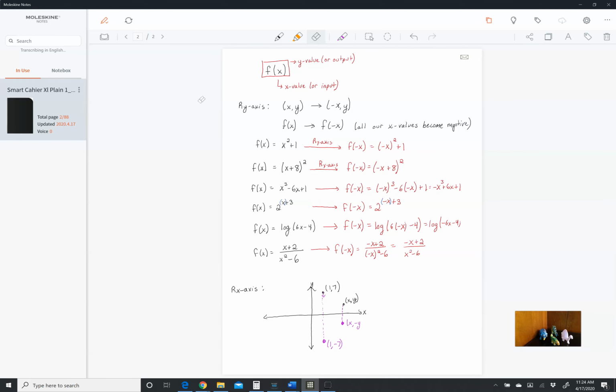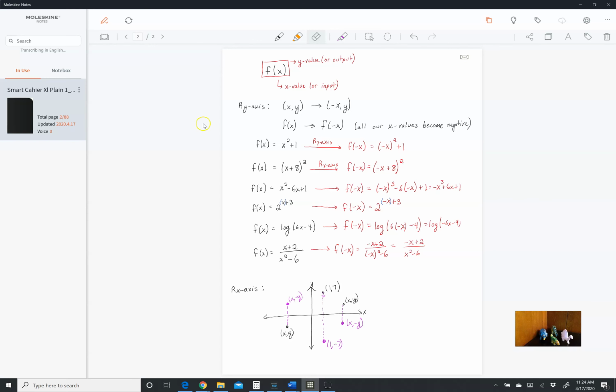X comma negative y. And then again, it doesn't matter what side of the x-axis you're on. These things always stay the same, right? If our y starts off as negative, that's okay. So we still call this point x comma y. It's just our y is negative. And if we go to the other side of the x-axis, we're still just changing sign here. This is still just x, negative y.